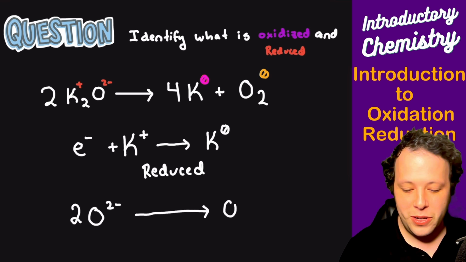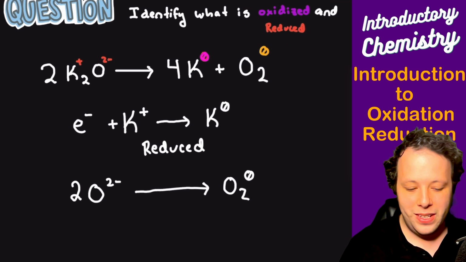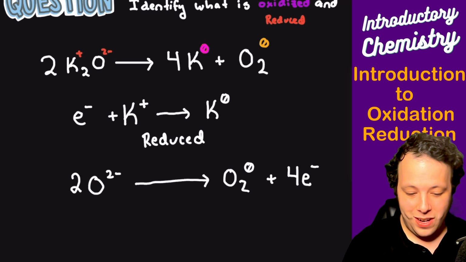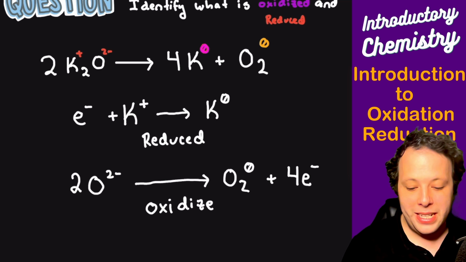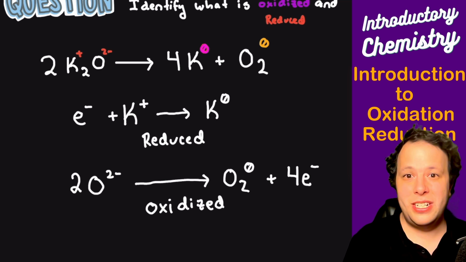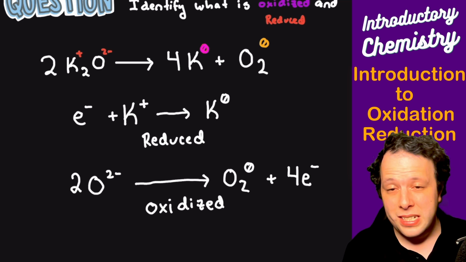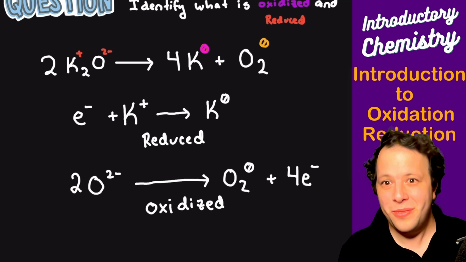It's going to become O2, so it's going to a 0 charge. So we can see that we're going to be losing, in this case, 4 electrons, which are lost or oxidized. And that's the basic idea of looking at oxidation reduction, how many electrons are being gained and how many are being lost, which is all we need to know for introductory chemistry for the fundamentals.